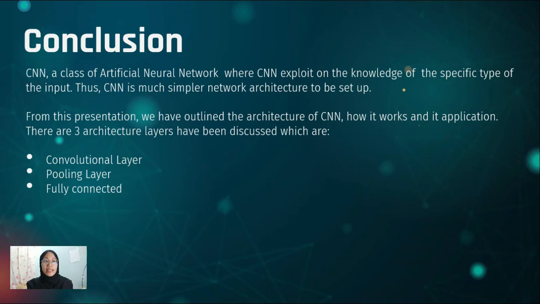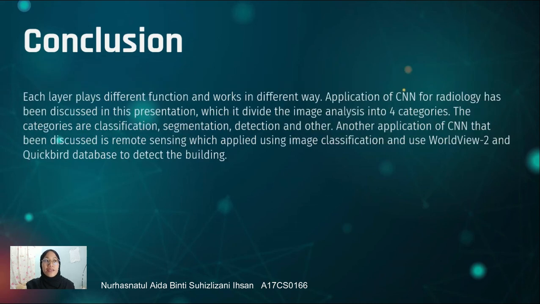Conclusion: CNN is a class of artificial neural network that exploits knowledge of the specific type of input. Thus, CNN has a much simpler network architecture to set up. From this presentation, we have outlined the architecture of CNN, how it works and its applications. Three architecture layers have been discussed: the convolutional layer, pooling layer, and fully connected layer. Each layer plays a different function and works in a different way.